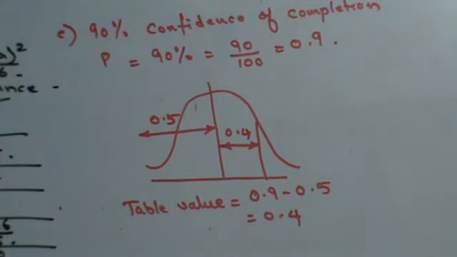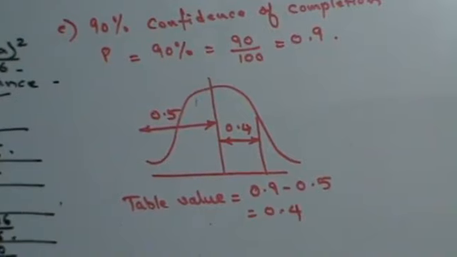Now, let's look at the table, given on page 433 or thereabouts, and find this area. I want an area of 0.4.